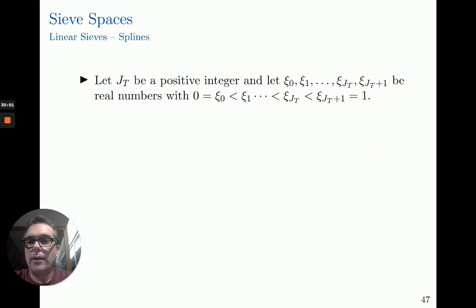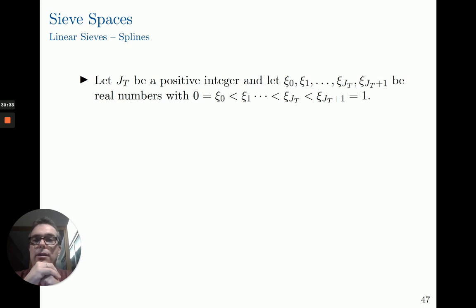Finally, we have the spline. So the idea of the spline is to try to split the space into simpler spaces and look at piecewise simpler functions. Okay, so let's have J_T and let's define a sequence from xi naught to xi J_T plus 1.